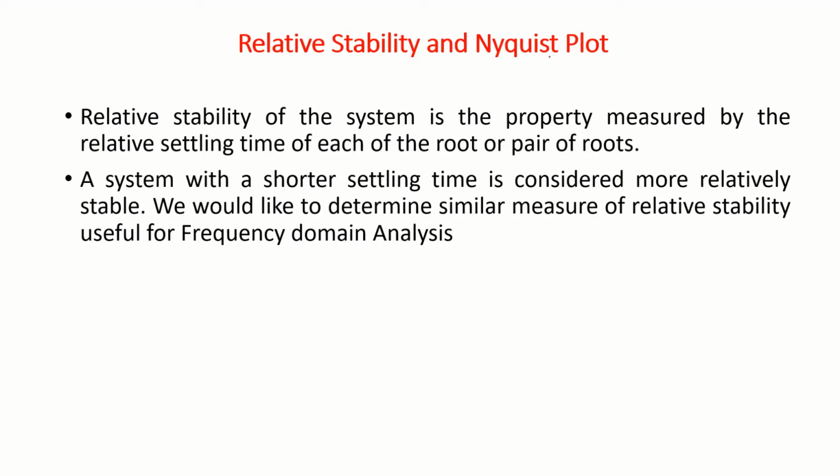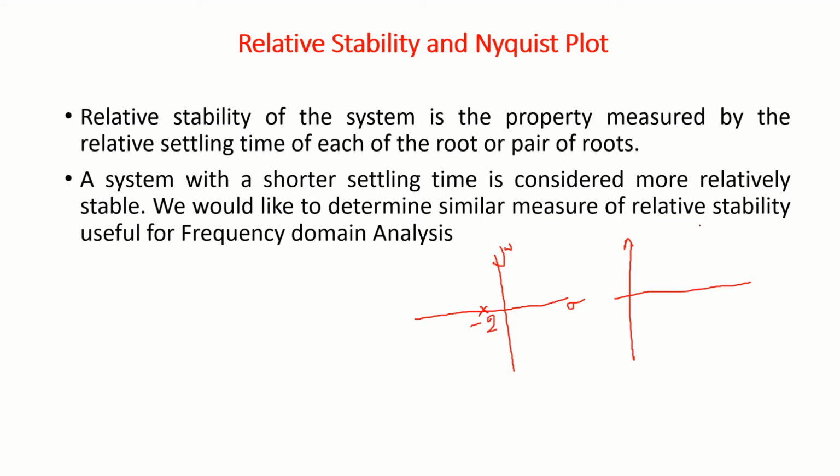Now, relative stability on Nyquist plot. Suppose this is sigma, this is j omega, and there is a root here at -2.